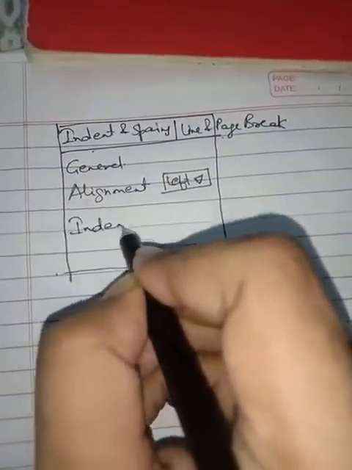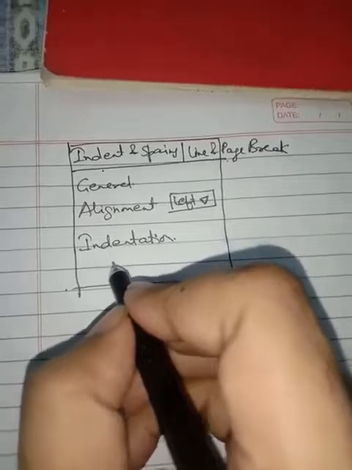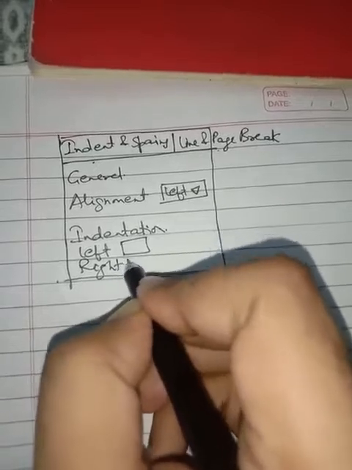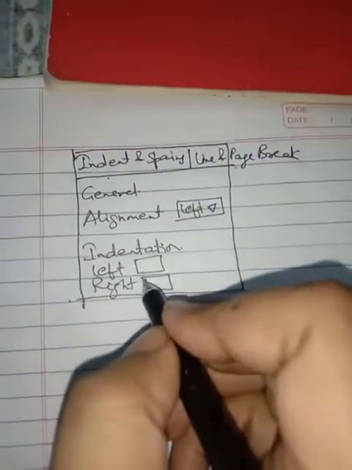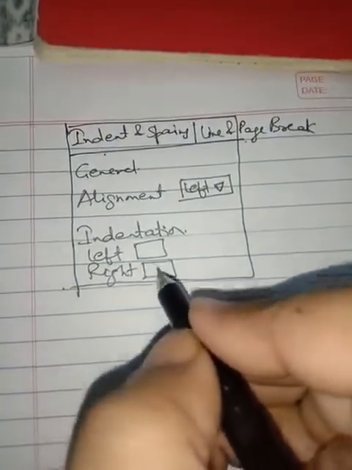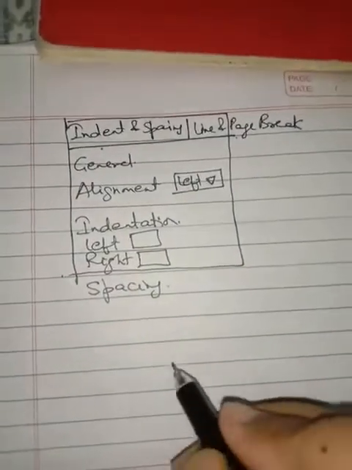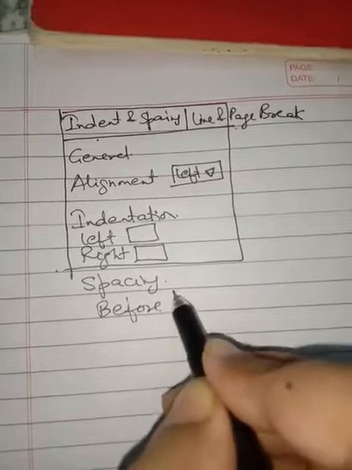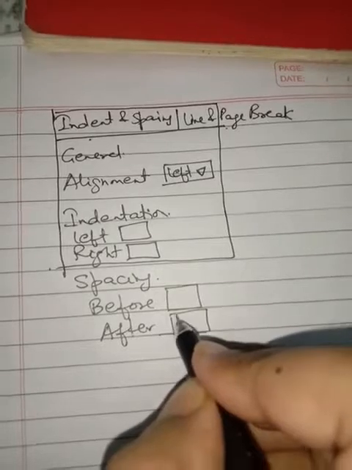Next will be indentation. In indentation we have the option of left and right indentation, in which we can enter the values. Next option will be spacing, and in spacing we have the option of before and after, in which we can enter the values.